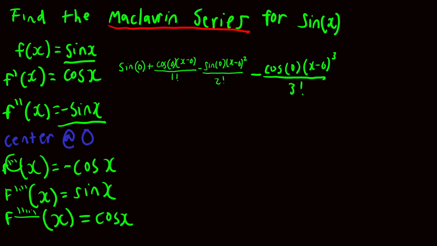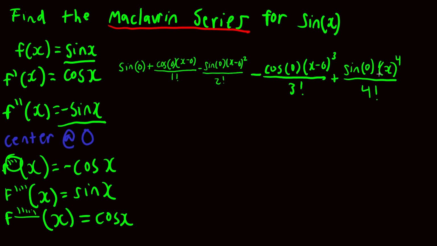Because we're at the third derivative, so it's over 3 factorial. Alright, so now we can keep going. Plus, again, same thing, sine of 0. This term right here that I'm writing out is going to cancel because sine of 0 is just 0. And I'm not going to write x minus 0 anymore. You guys know that's x, so x to the 4th over 4 factorial.